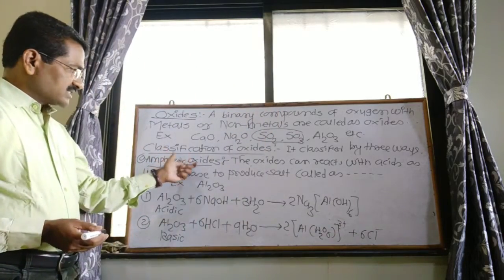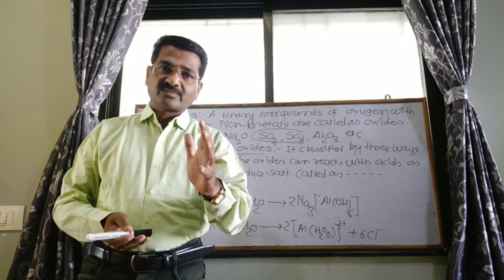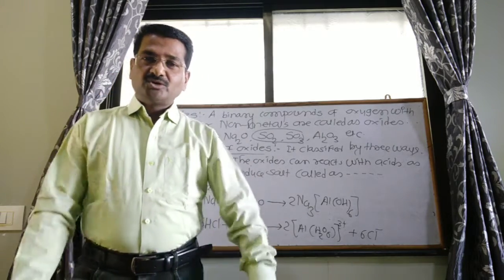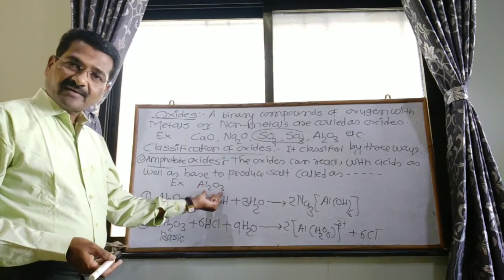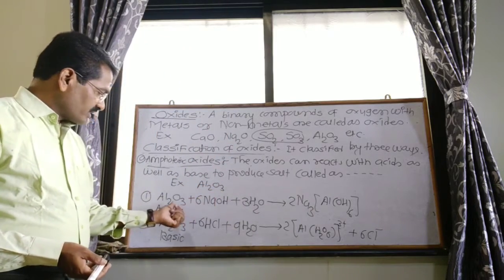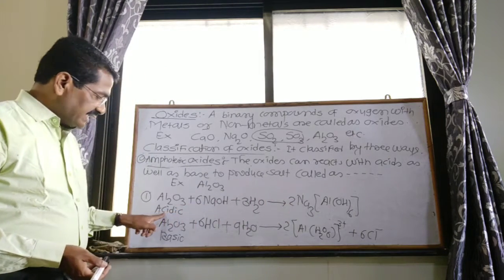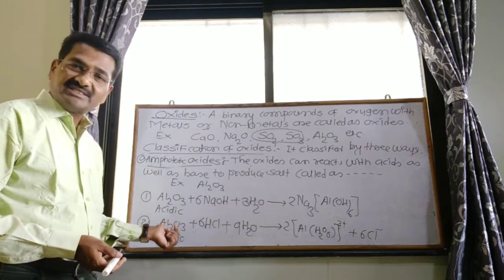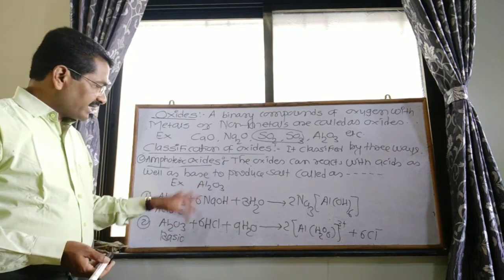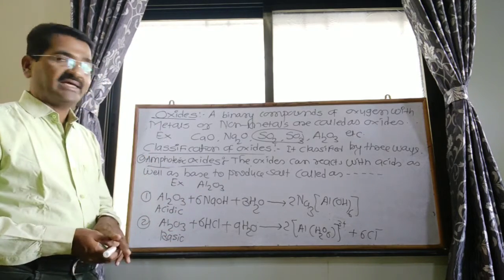So this is amphoteric oxide. Those oxides that can react with acids or base to produce salt are called amphoteric. For example, alumina reacts with base to form salt, so it is acidic in nature. It reacts with acid to form salt, so it is basic in nature. This alumina can show both properties, acid as well as base, so it is amphoteric in nature.